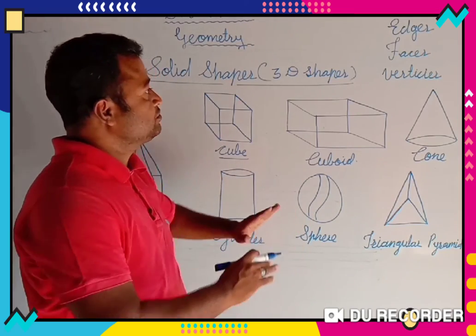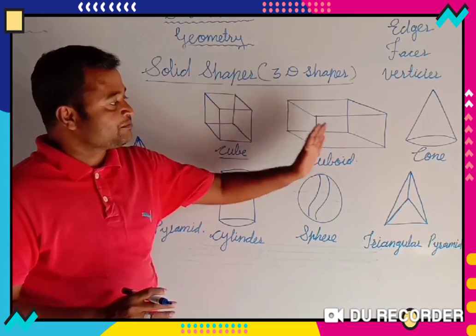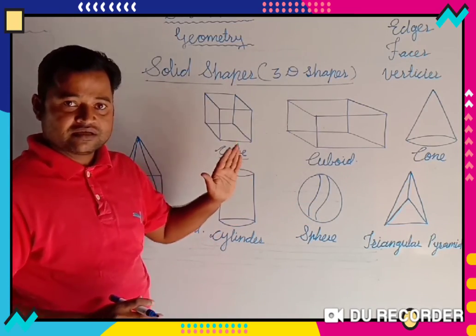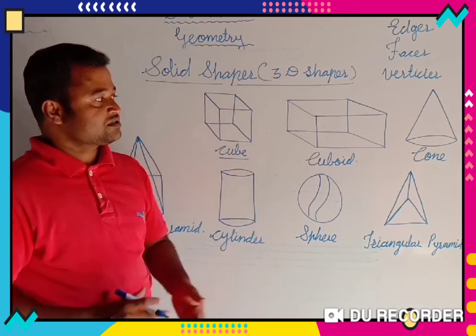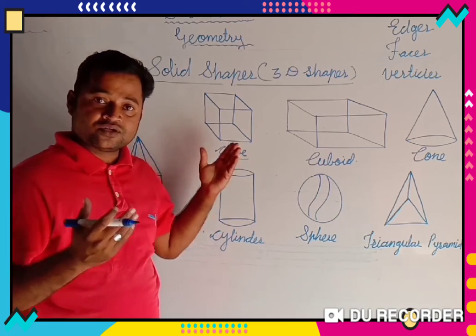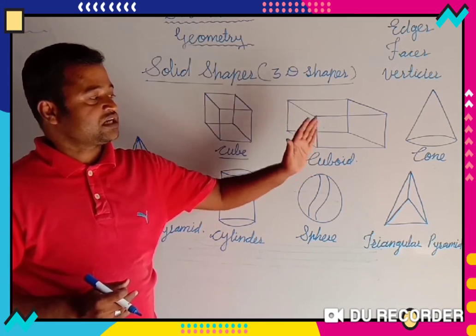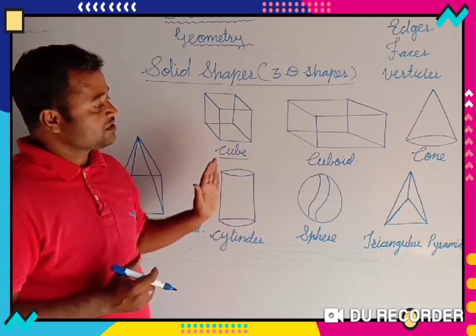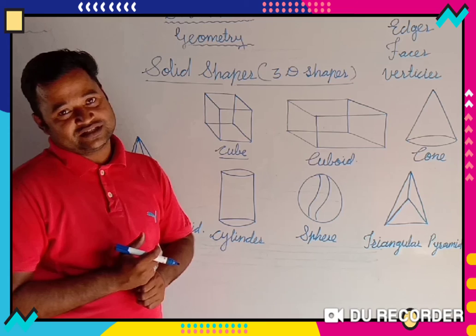I will try to make available examples of these solid shapes so that I can make a video and show you how to count, or if not, I will be giving you the number of edges, faces and vertices of all these figures in written form. Make sure you copy it and you have to learn it.